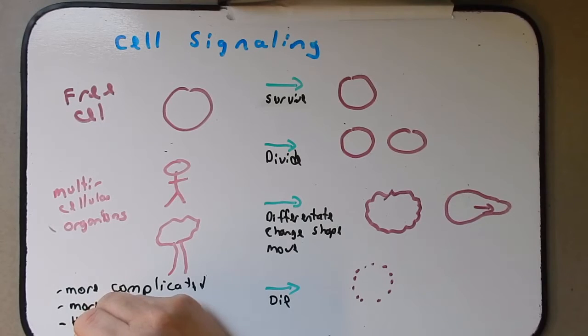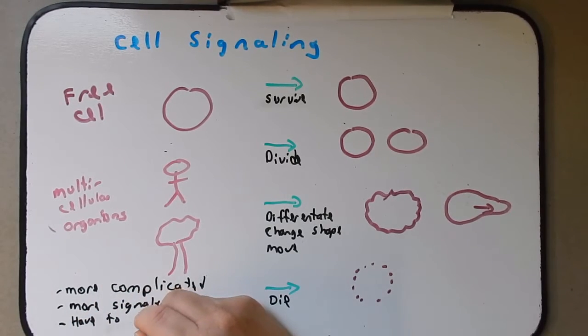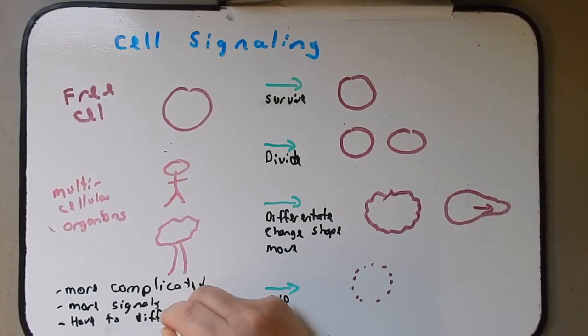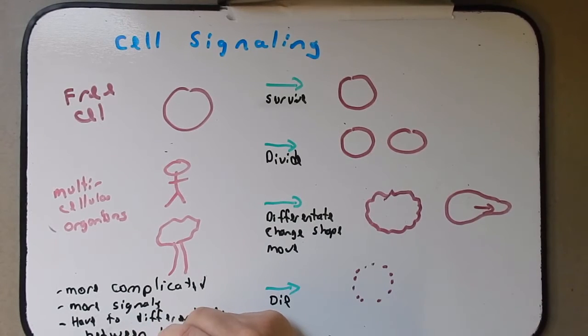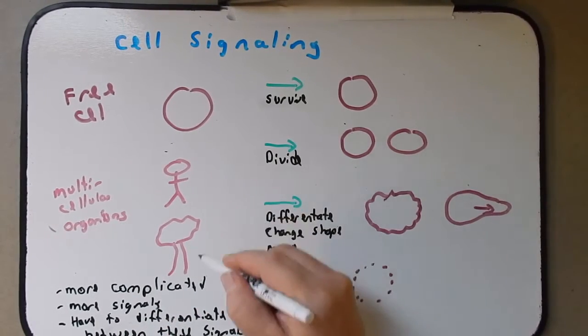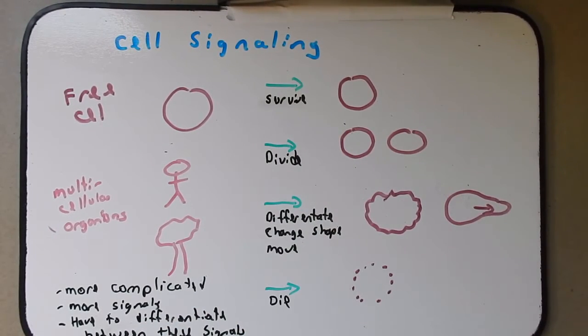And they have to differentiate between these signals. So these whole organisms are constantly hit with many different kinds of signals to do various things, but each one of these cells has to be able to differentiate between these signals so that that particular cell's desired outcome is achieved.